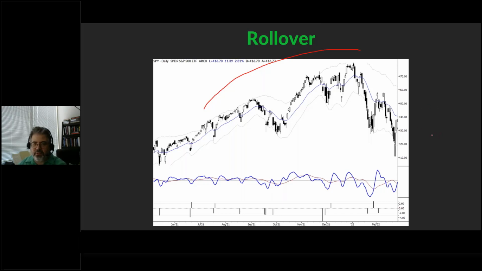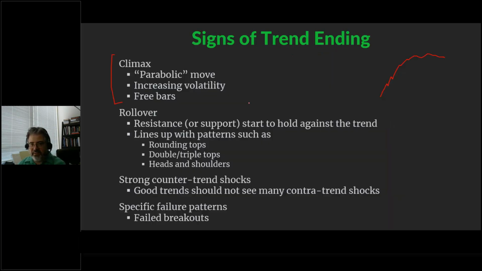There are a lot of ways you can define this and quantify it, but it is the climax we spent so much time talking about. This is the dramatic one, but you also need to be aware that one of the other ways trends end is just running into resistance, running out of steam.